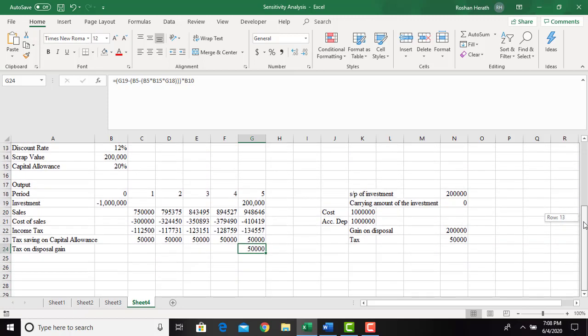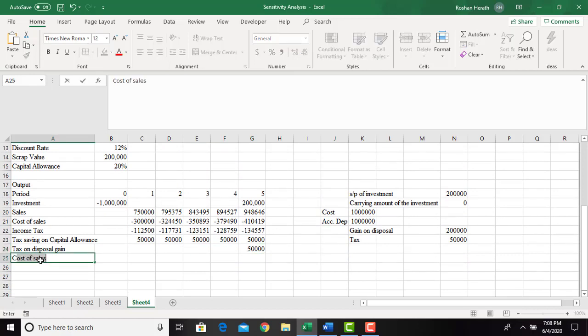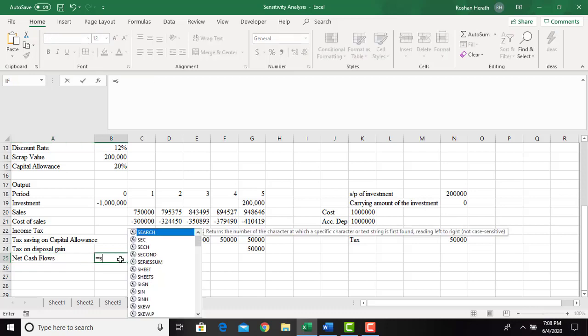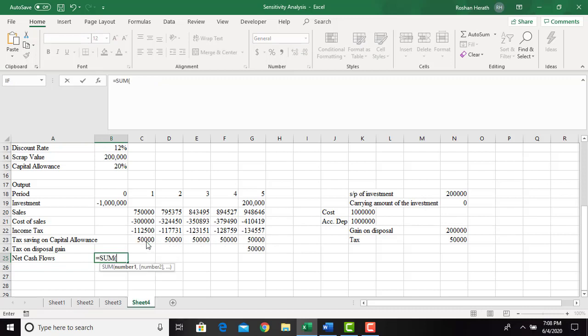Now it's time to get the cash flows. The net cash flow, you can get that, right? Net cash flows. So what you have to do, you may have to add the line items down.